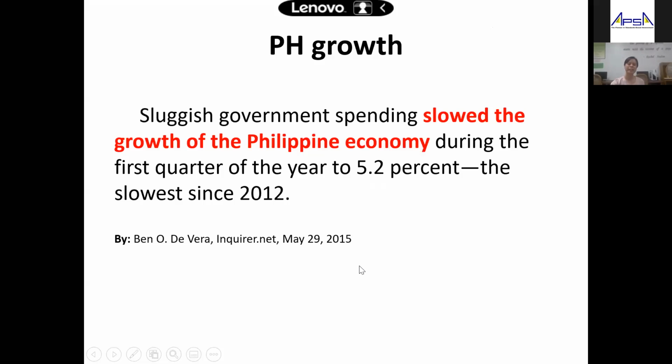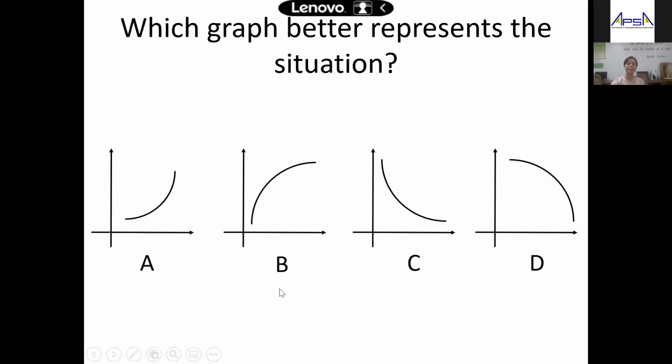Or hindi na? Slowed the growth. So nag-grow siya, but slower. Okay. So which graph do you think can represent the Philippine economy? A, B, C, or D? Okay. Growing, pero growing more slowly. So, starting from the left, ito siguro yon. It's growing, but the growth becomes slower.